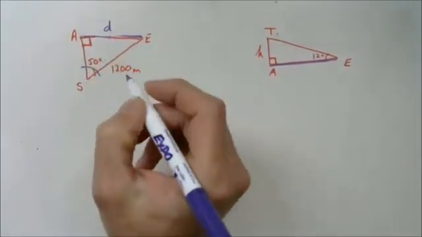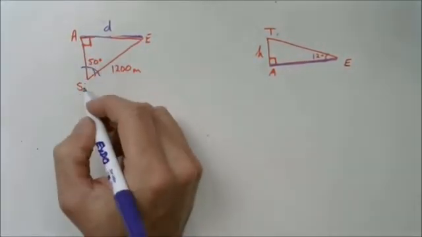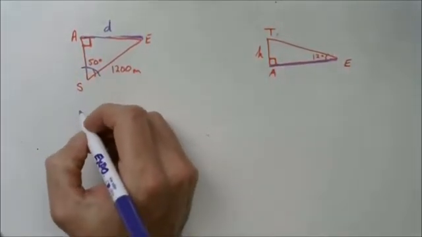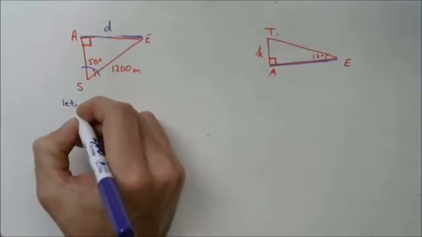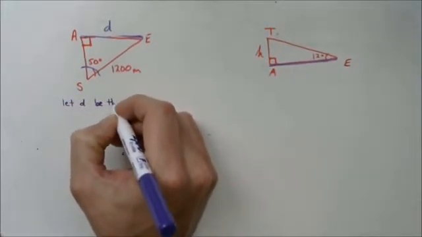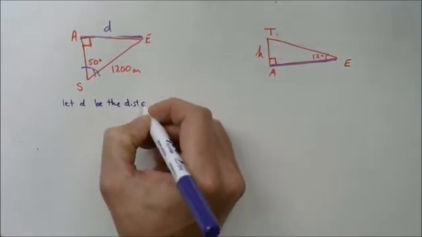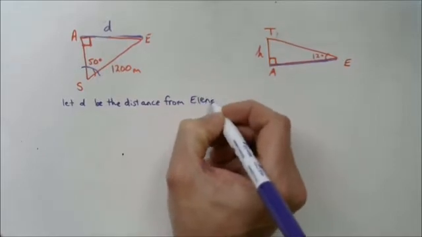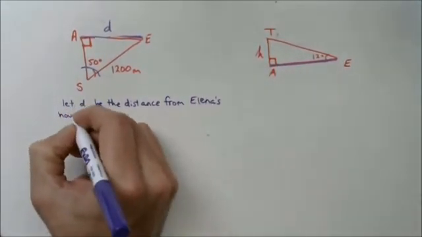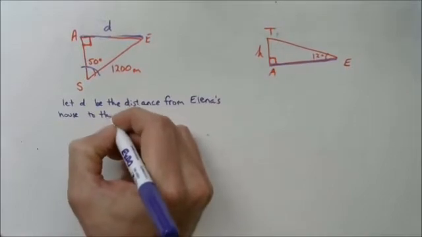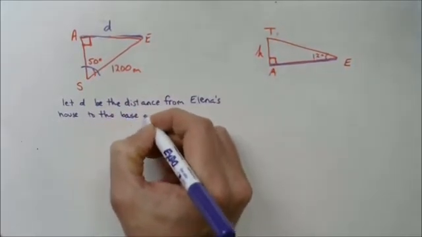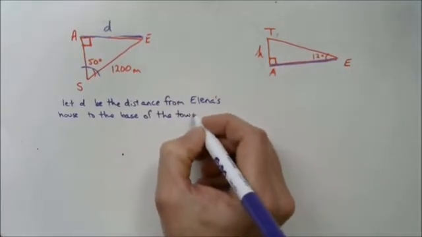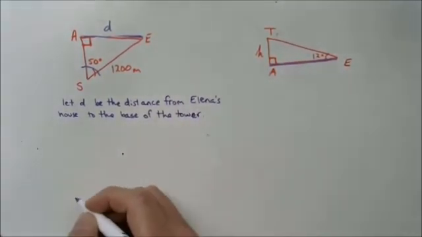We're going to label that side D. I could label it little s since I broke my triangles up into two separate triangles, but we're going to let D be the distance from Alina's house to the base of the tower.